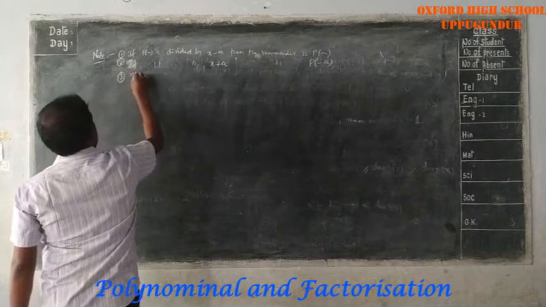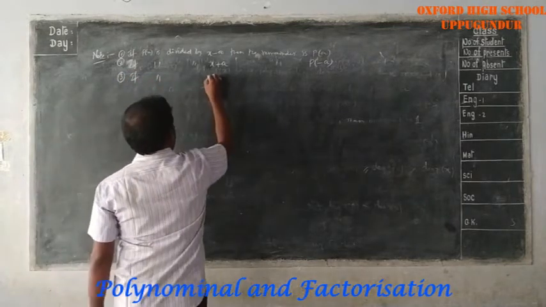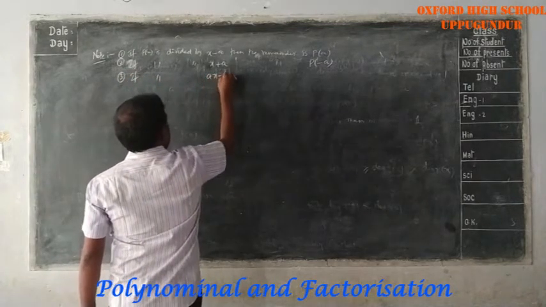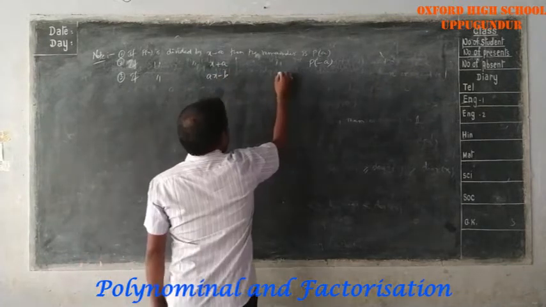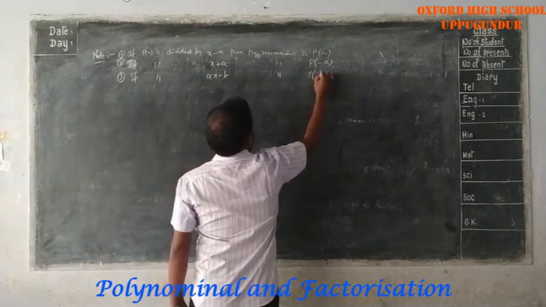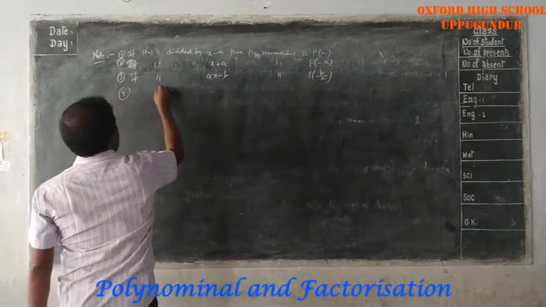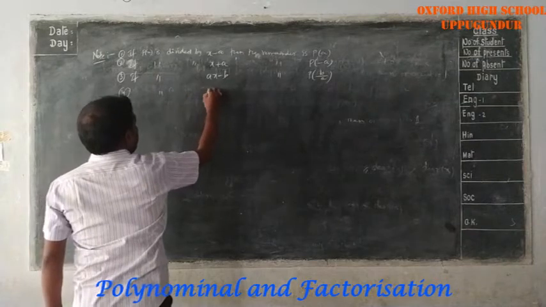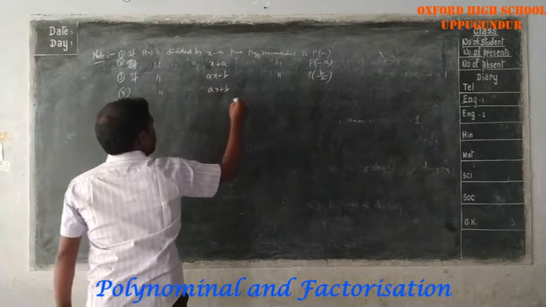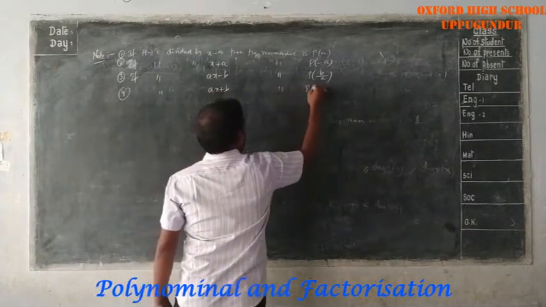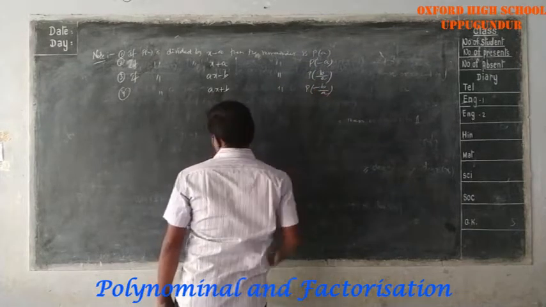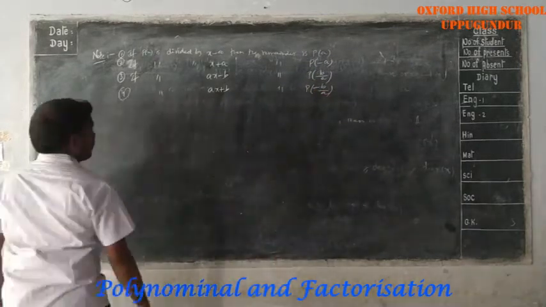If p of x is divided by ax minus b, then the remainder is p of b by a. If p of x is divided by ax plus b, then the remainder is p of minus b by a. Why am I writing all these?